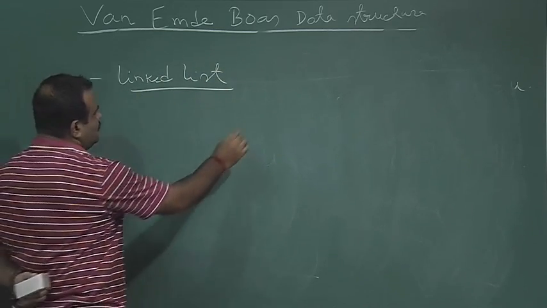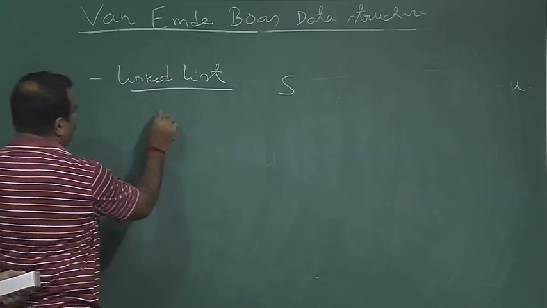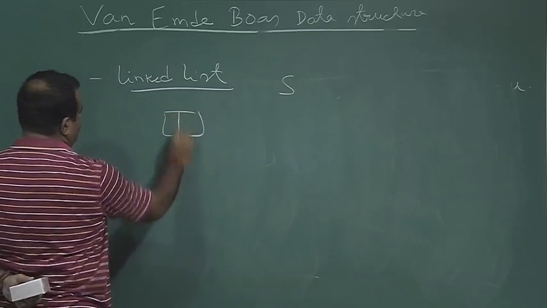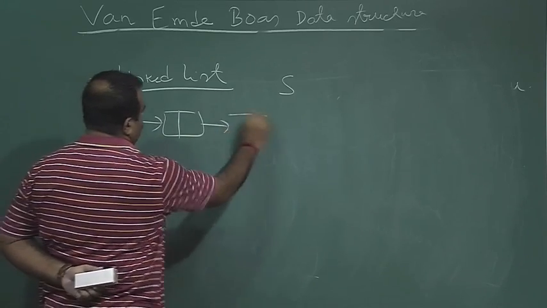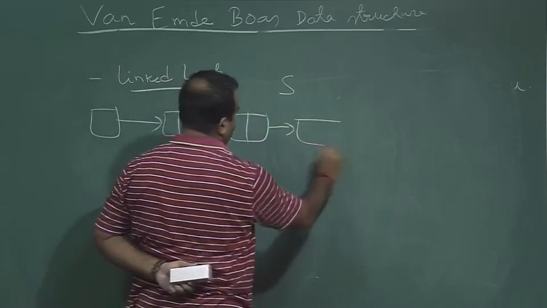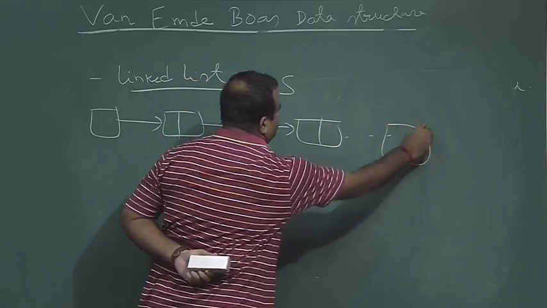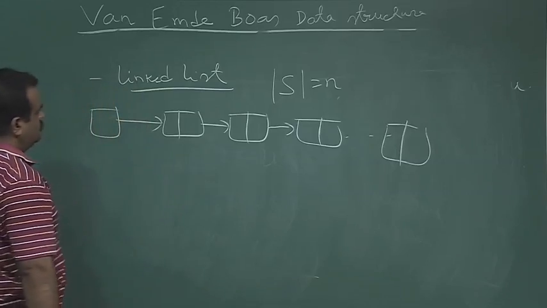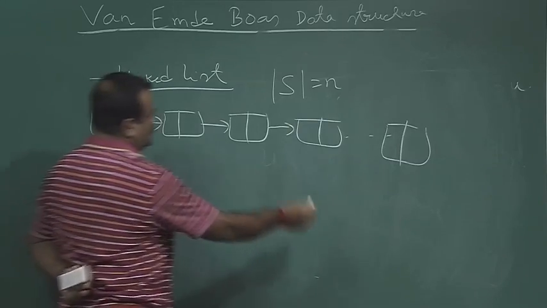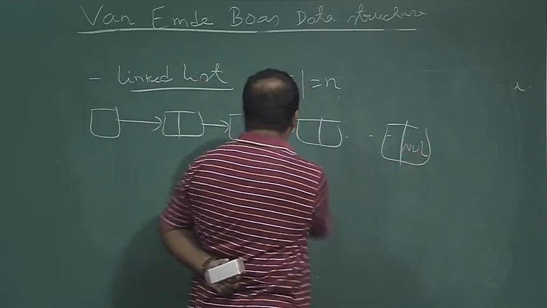Suppose we maintain a linked list for this S. We have a top, suppose there are n elements, this is the list and the last one is null.